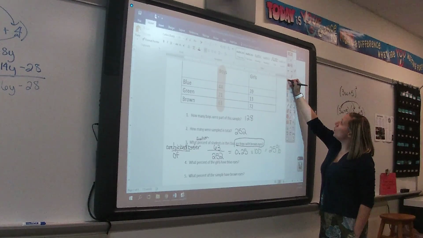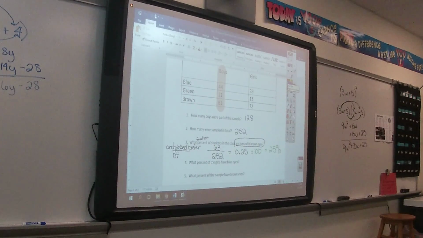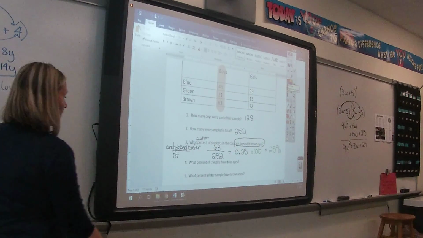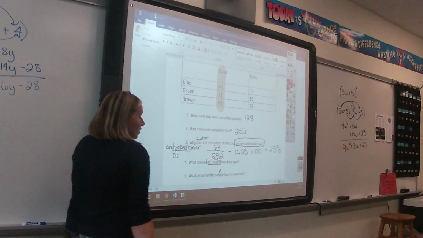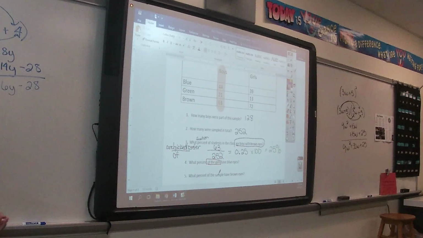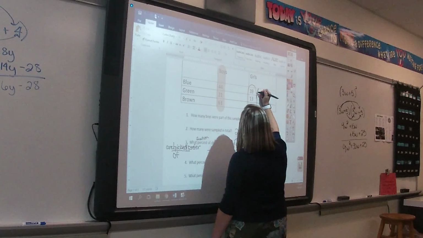Number 4 says what percent of the girls? So what comes after of is what goes on the denominator. So we need to know how many girls there were.